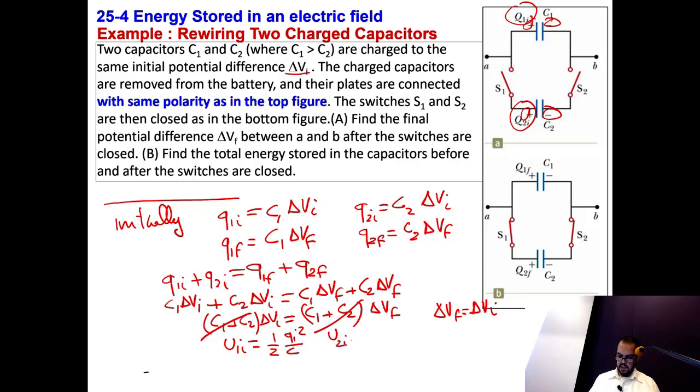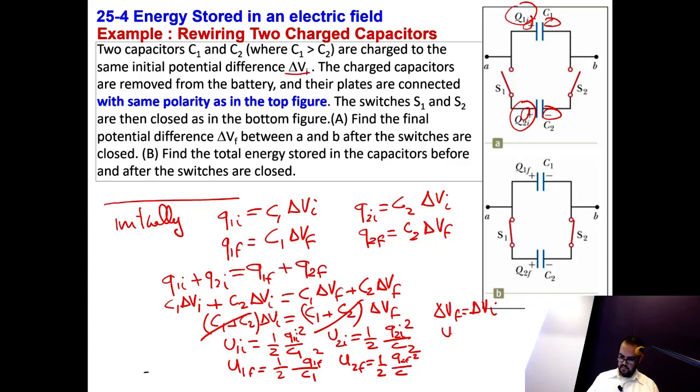And U2 initial is also 1/2 of Q2 initial squared divided by C2. U1 final is 1/2 of Q1 final squared divided by C1, and U2 final is 1/2 of Q2 final squared divided by C2. If you add them, you will find they are equal.